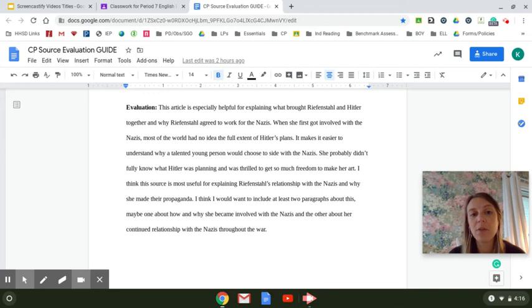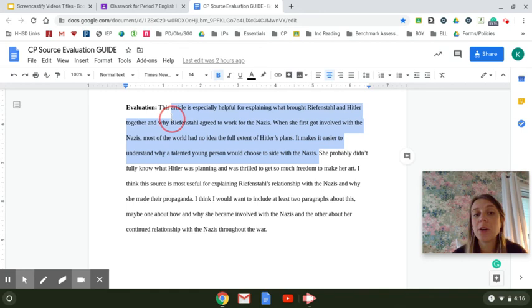When she first got involved with the Nazis, most of the world had no idea the full extent of Hitler's plans. It makes it easier to understand why a talented young person would choose to side with the Nazis. So this source helps the writer to understand why this filmmaker worked with Hitler.